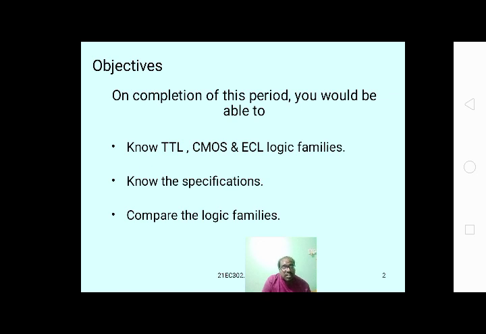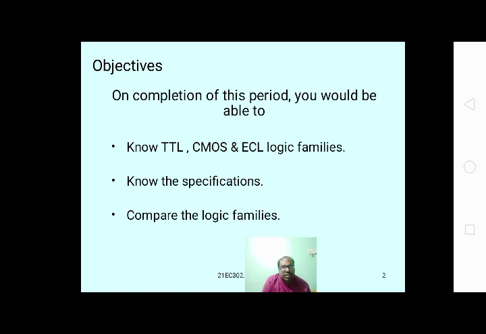In this, we will know about the different logic families, and the most important one is the TTL logic family. TTL means transistor-transistor logic, with the circuits involved in the family, their various outputs and operations.